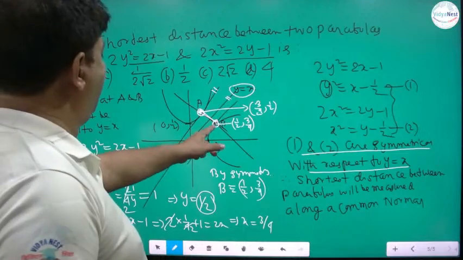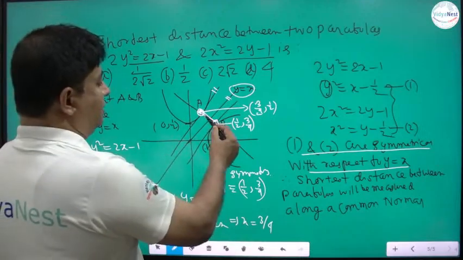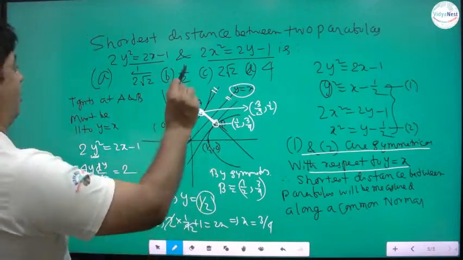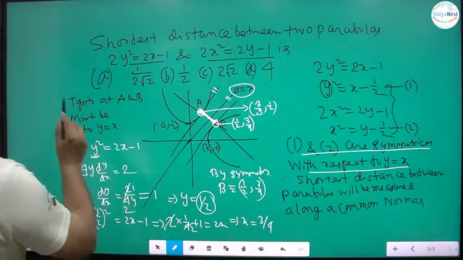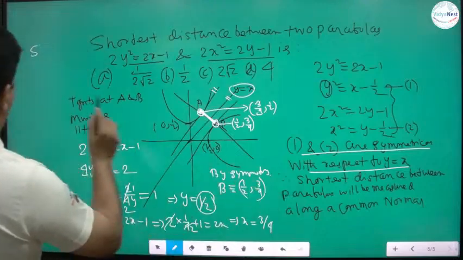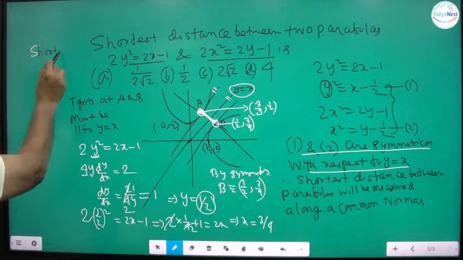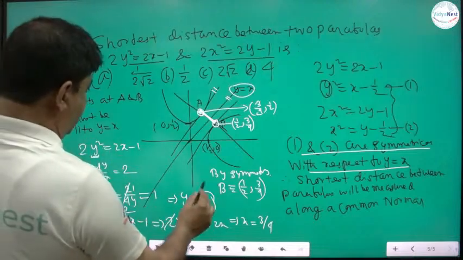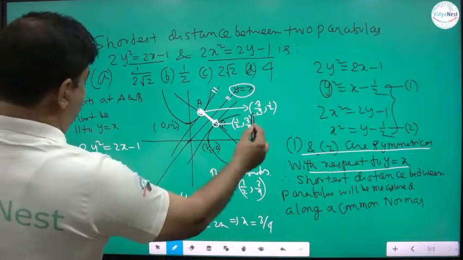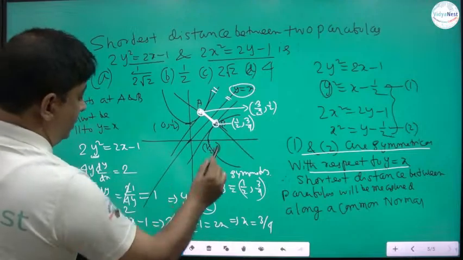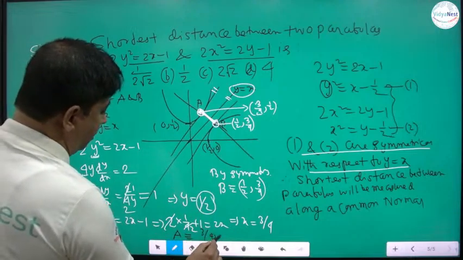So if I can find the distance along the normal, that is the perpendicular or normal distance or the shortest distance. Therefore, the shortest distance is what? We got point A, 3 by 4 comma half.